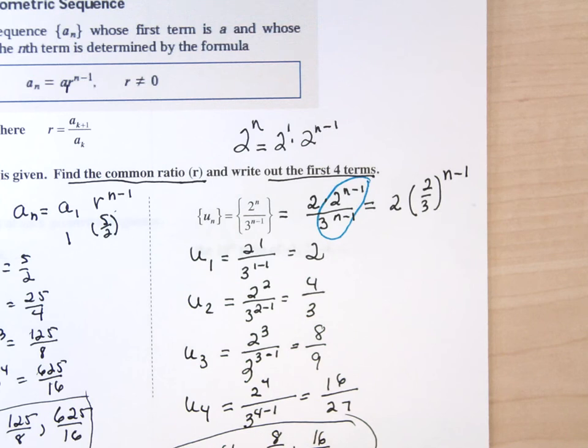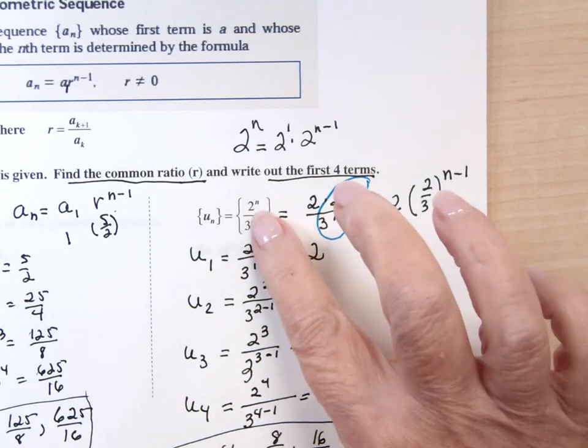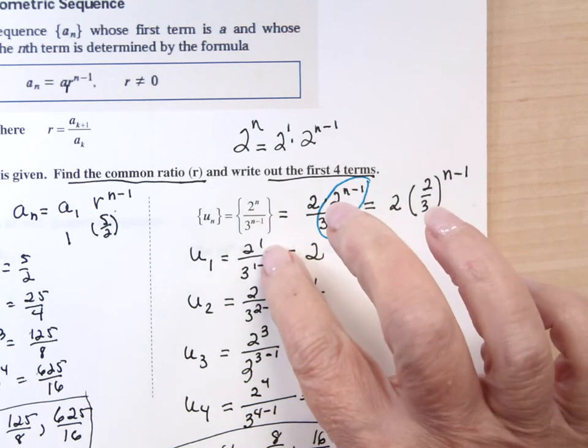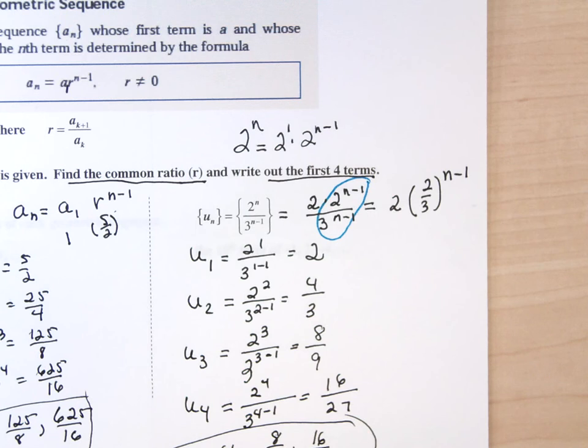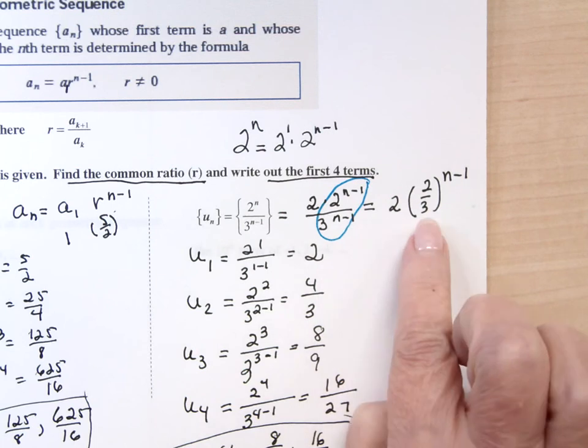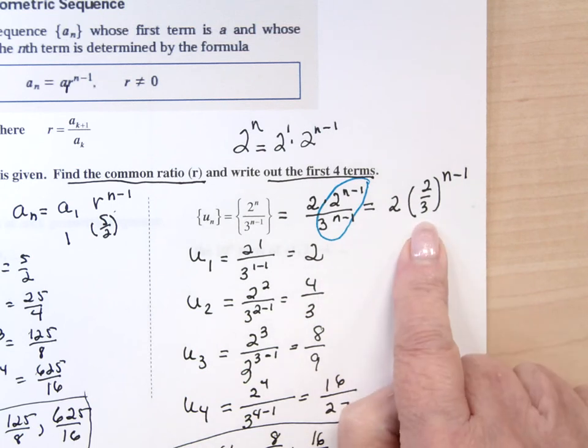That's why it was harder just to say, what is my multiplier, because these two things had different exponents. One was an n, one was an n minus 1. Now they have the same. I can write it in the format, and you can see, indeed, what's being raised to the power is 2/3. Cool, huh?